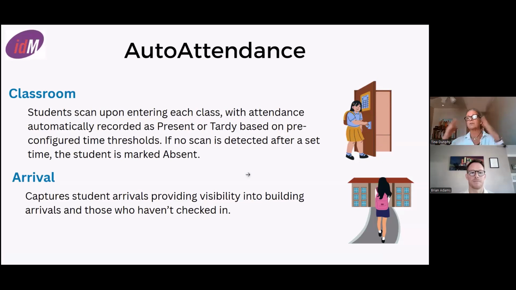Gives you loads of time to get to the teaching and the instructional time without the teachers having to manage all of the manual tasks that are associated with recording attendance. And then arrival, that's when students are coming into the building. It gives visibility. You want to know who's there, who has come in the morning, who's here, who hasn't checked in. The arrival edition of AutoAttendance is also a great addition to your school's attendance program.